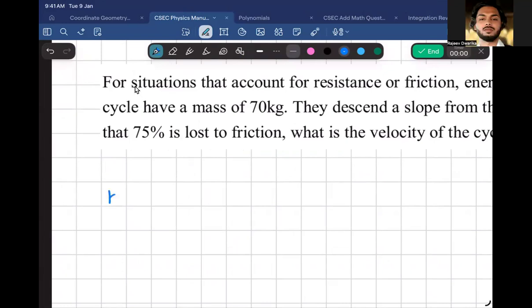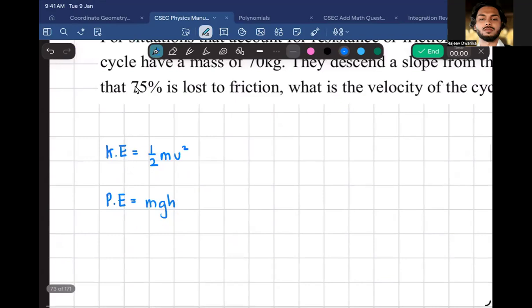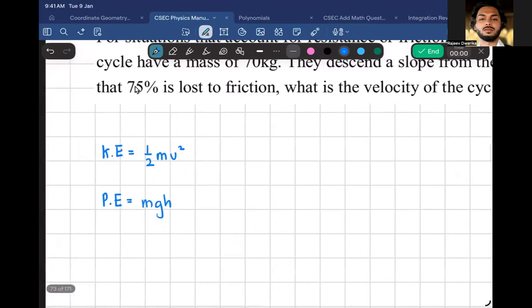We'll start off with kinetic energy. What's kinetic energy? A half times mass times velocity squared. Right? What's potential energy? Mass by gravity by height. Great.